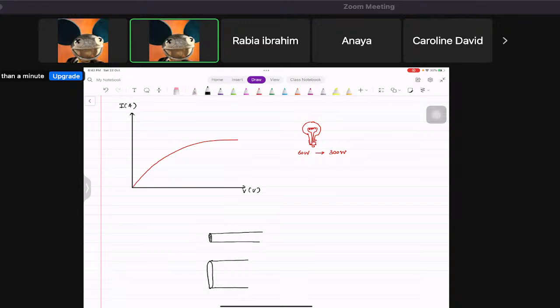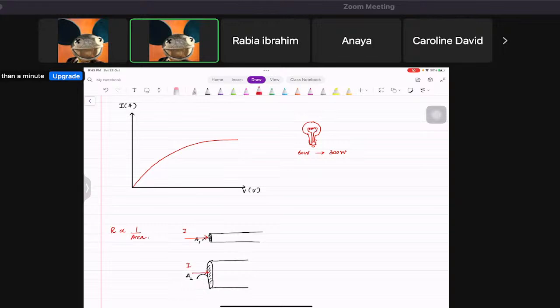So it has a smaller area. This one has a larger area. You guys need to understand that the smaller the area is, the current going into it will face more resistance, which means that the resistance is inversely proportional to the area.